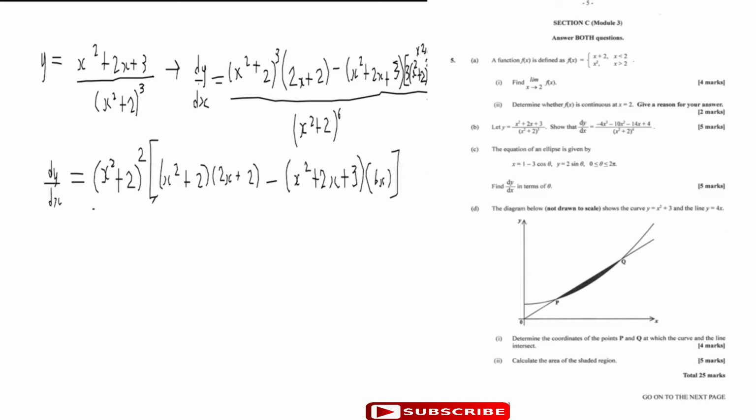Now in the denominator, I'm going to factor out an x squared plus 2 all squared as well. Factoring out x squared plus 2 all squared.